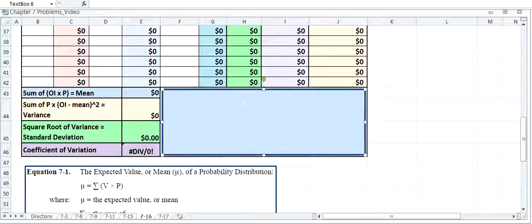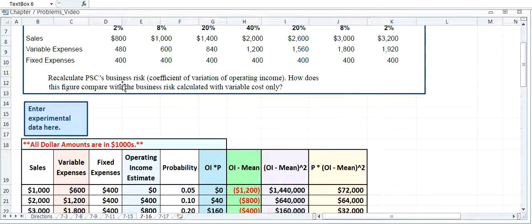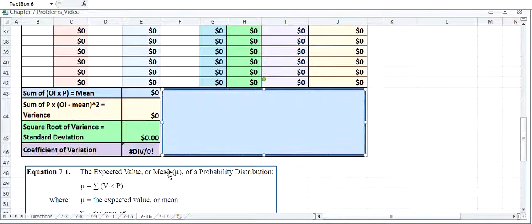The question is: once you recalculate the business risk, or the coefficient of variation of the operating income, how does this figure compare with the business risk calculated with the variable cost only? And I would like you to go ahead and explain why that is in your own words right down here.